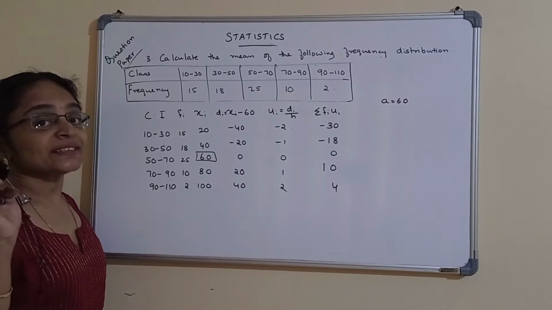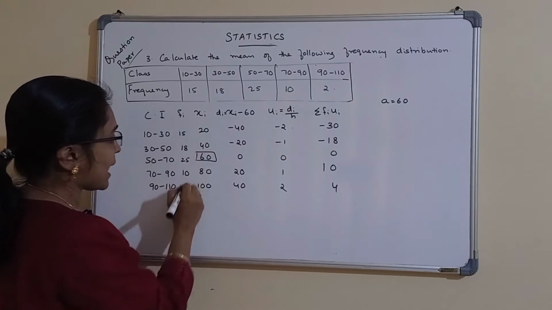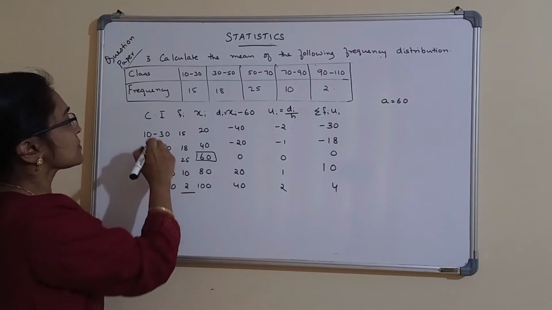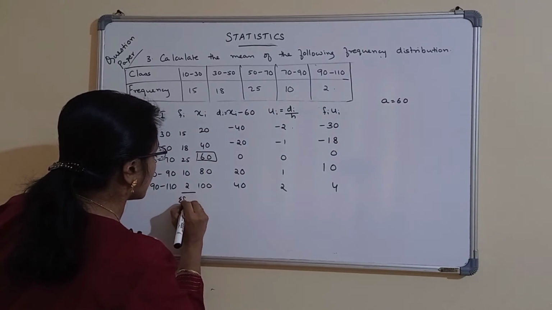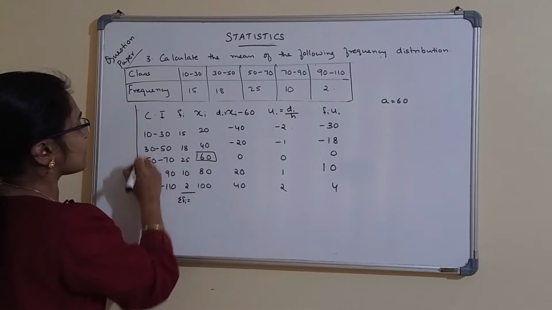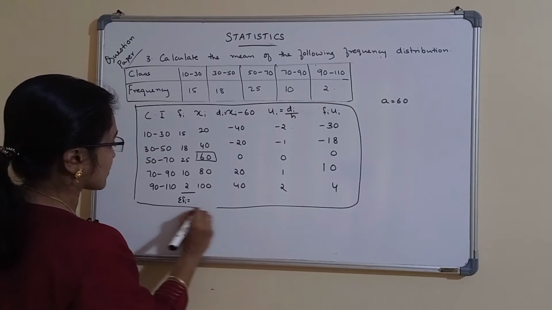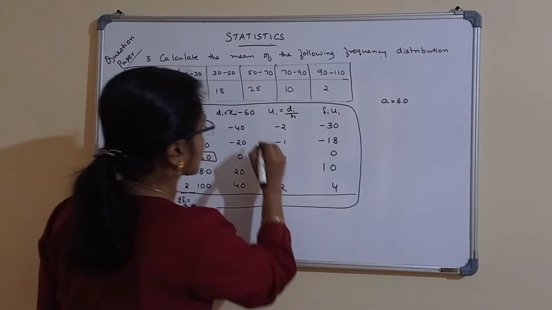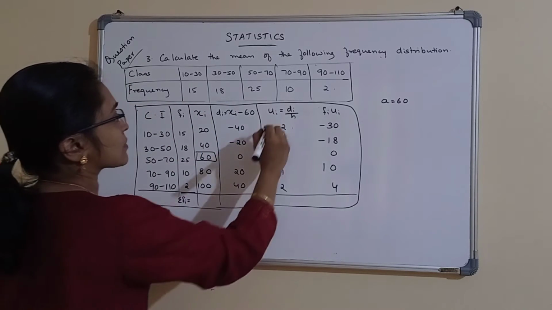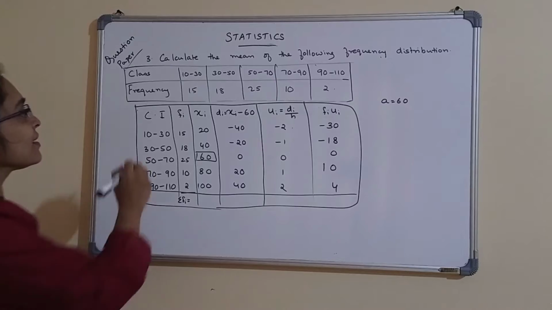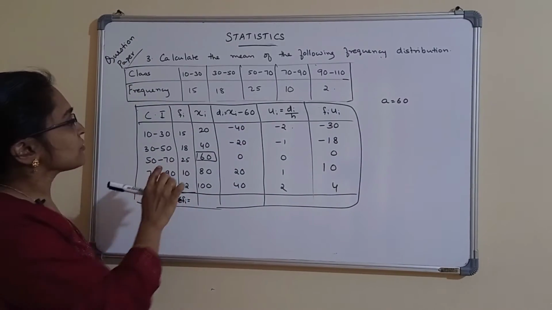Now we have to calculate sigma fi as well as sigma fi ui, that is we have to add this and then add this. We can write fi ui here. Now we can calculate sigma fi.